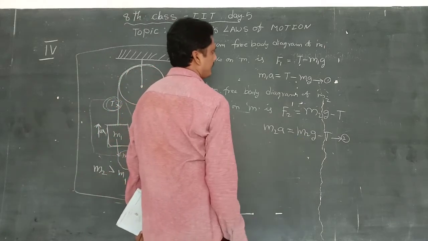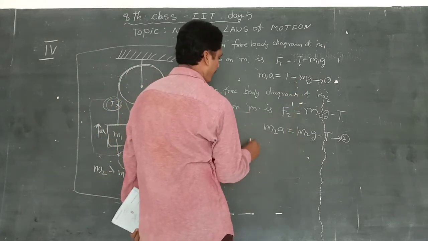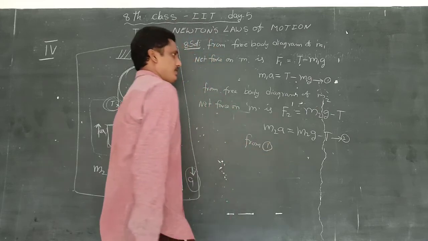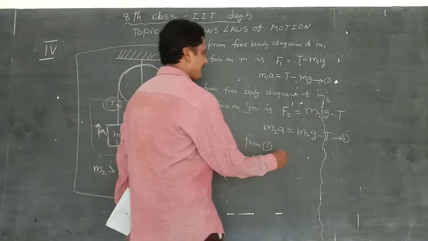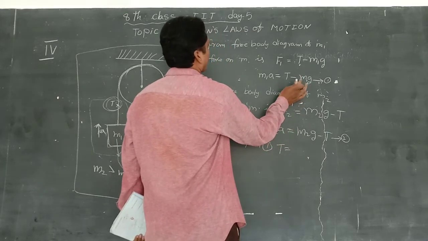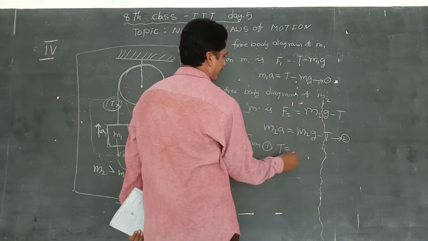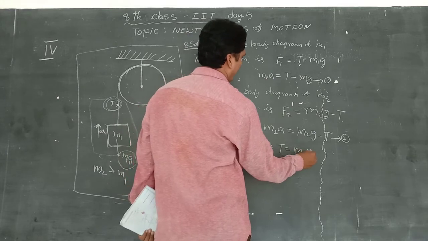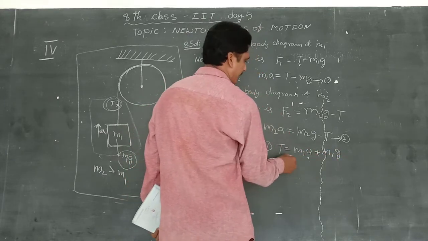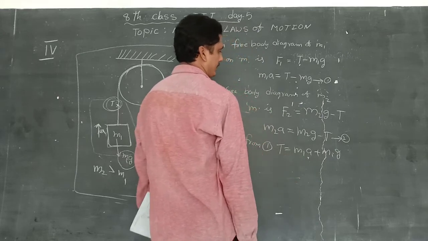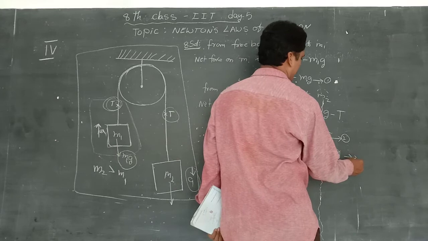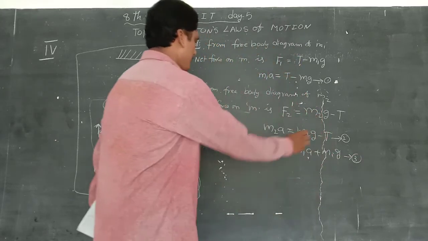From equation 1, tension T is equal to M1 a plus M1 g. This is equation 3.